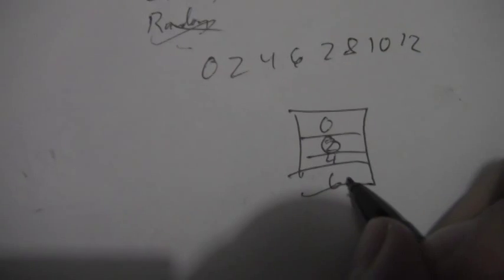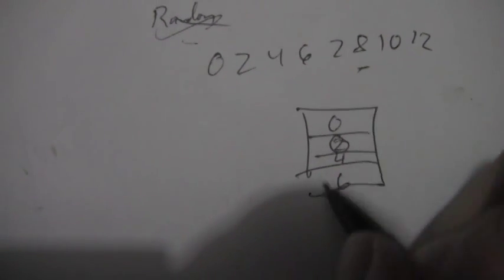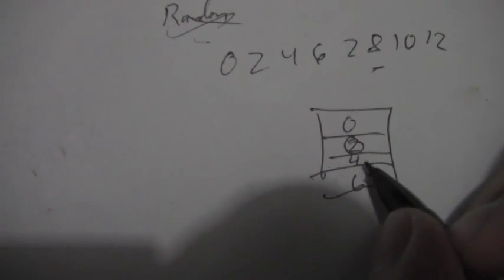So let's say you want to access 0, 2, 4, 6, 2, 8, 10, 12. And you have 4 spaces in your cache. You go 0, 2, 4, 6. You access 2. But, oh, you need to access 8. Which do you replace? Well, you replace 0.